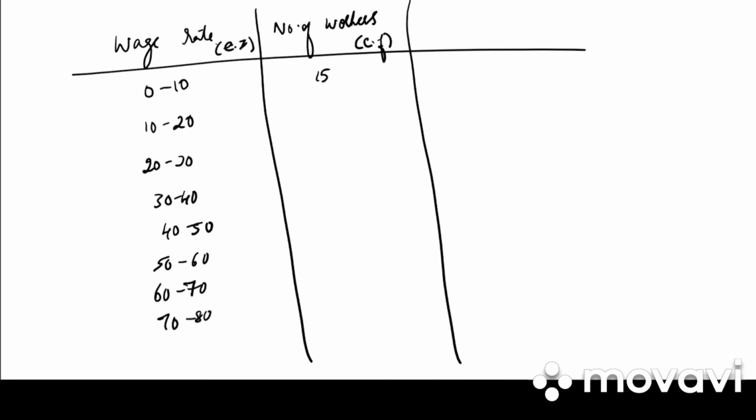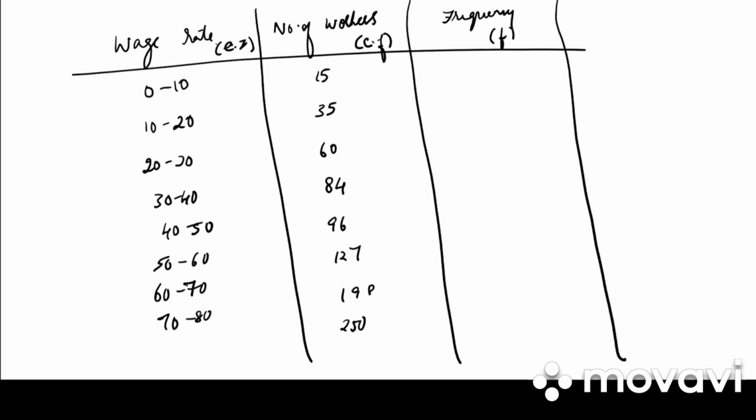So they have given us cumulative frequency 15, 35, 60, 84, 96, 127, 198 and 250. What do we need to find out now? We need to find out the frequency. And how can we find it? The first number will remain the same, that is 15.